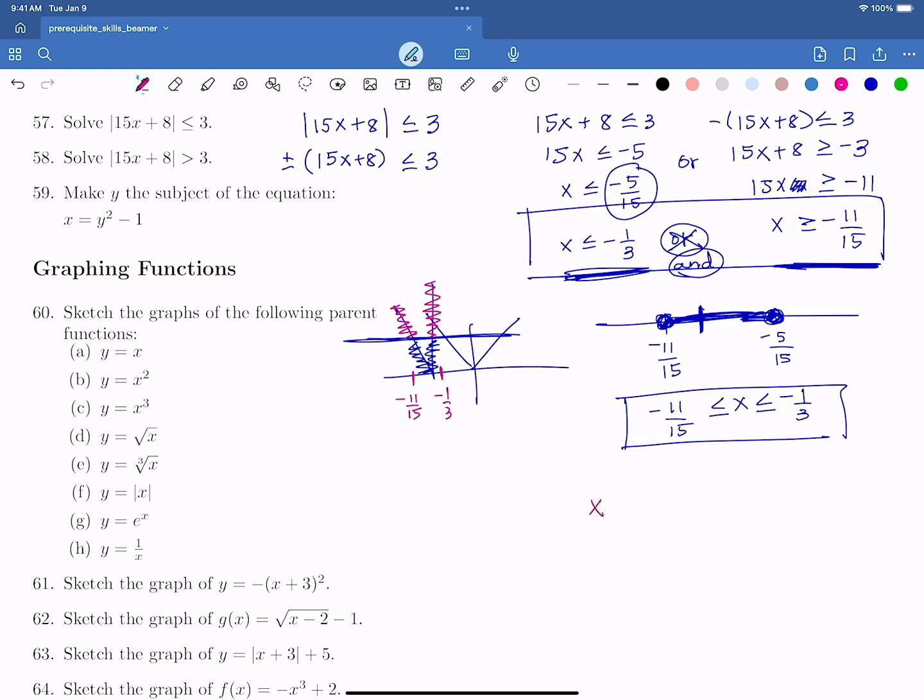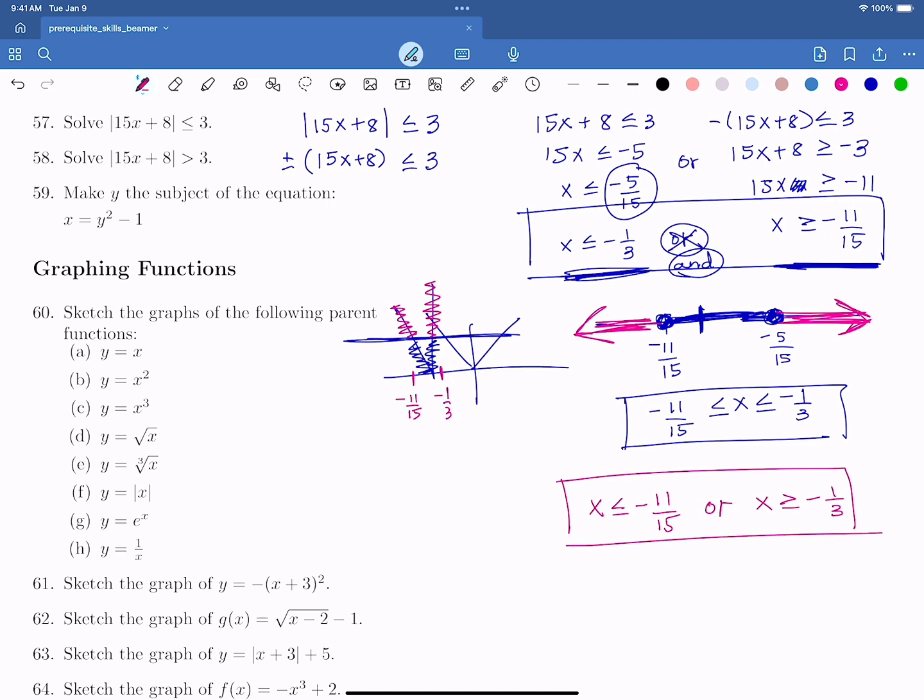So it's going to be x is less than or equal to negative 11 over 15, or, this time it's an or. So on our number line, we're here or here this time. Or x is greater than or equal to negative 1/3. Like so.